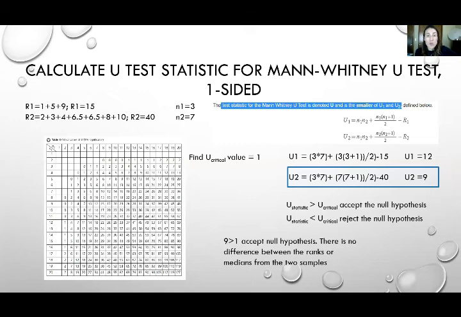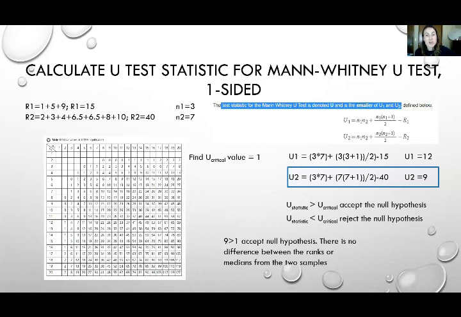If your test statistic is larger than a U critical value that you would obtain from a table, you would accept the null hypothesis, and that would mean that you did not observe a statistically significant difference in medians between groups that had groundwater contamination and groups that had no contamination.